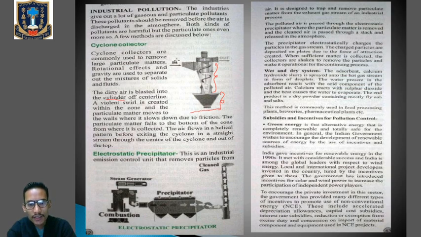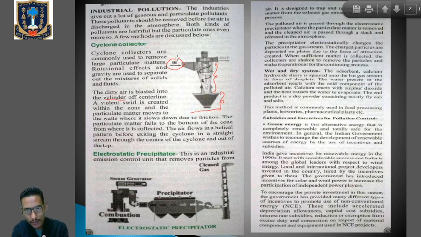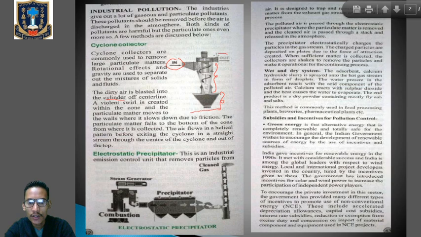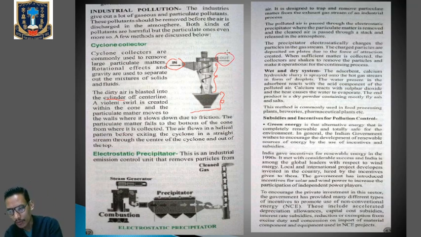This is the inlet from where the air with high velocity enters the cylinder, and this is the outlet from where the air free from the large particulate matter will be released. So we have the inlet, the outlet, the cylinder, and the collector.